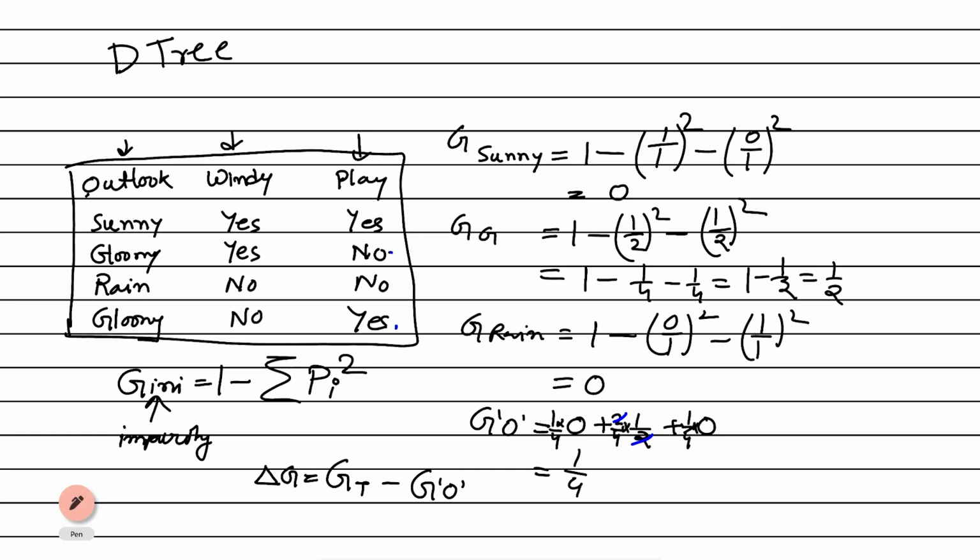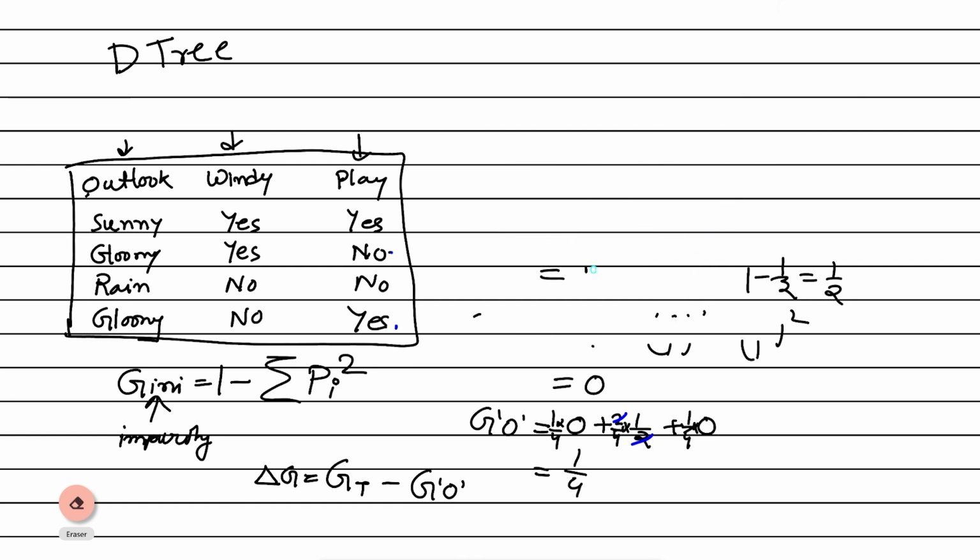So this total Gini can be calculated from your feature Play. Let me show how to calculate. Let's keep this value 1 by 4 for Gini O. Here, first of all, I have to identify how many cases are yes and how many cases are no. Let's say here I have 2 cases yes, 2 cases no. So definitely G total equals 1 minus 2 by 4 square minus 2 by 4 square.